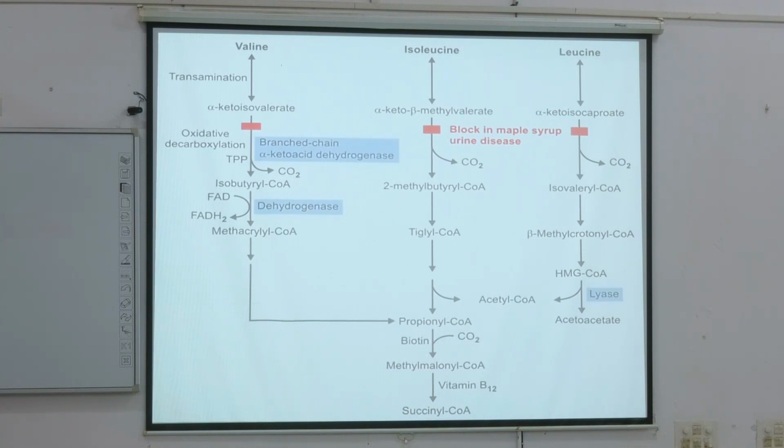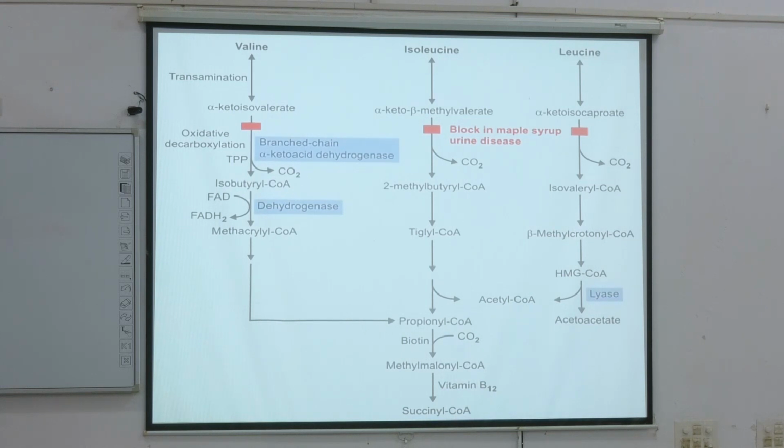And in this metabolism, if there is a deficiency of the enzyme alpha keto acid dehydrogenase, then a very important disease is caused. We call this disease maple syrup urine disease, MSUD. Maple syrup urine disease. This case comes in your exam.